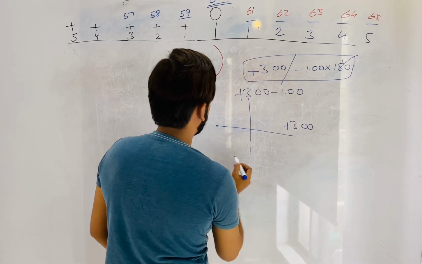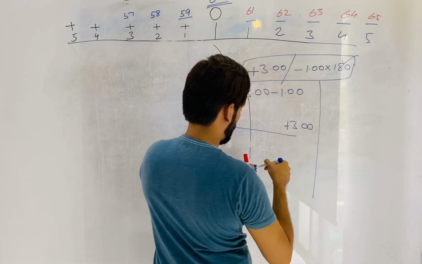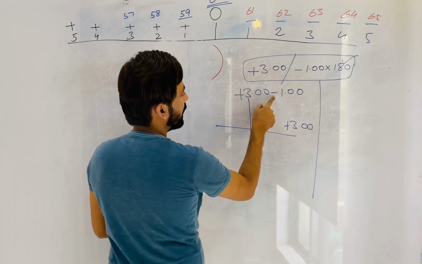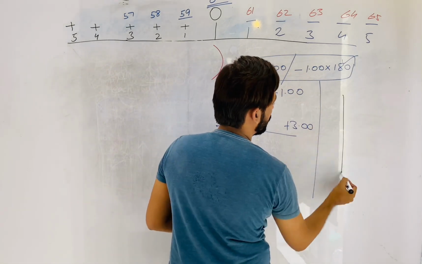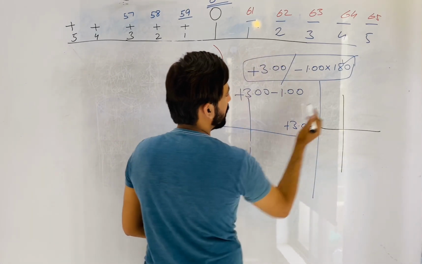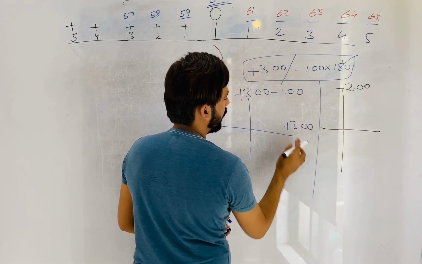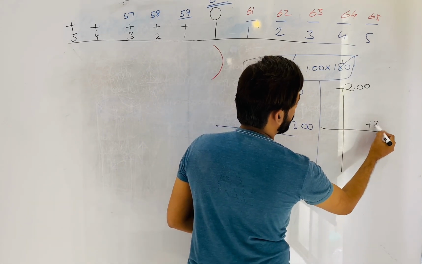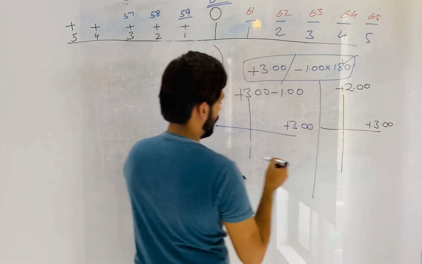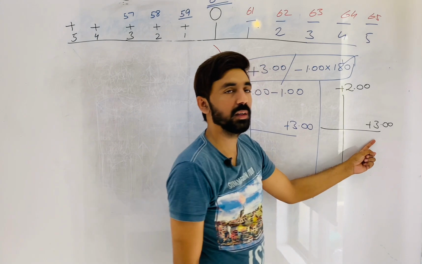So +3 and -1, the value will be very simple, +2, and we have +3 as such, the spherical. So we have +2 at one meridian and +3 at another meridian.